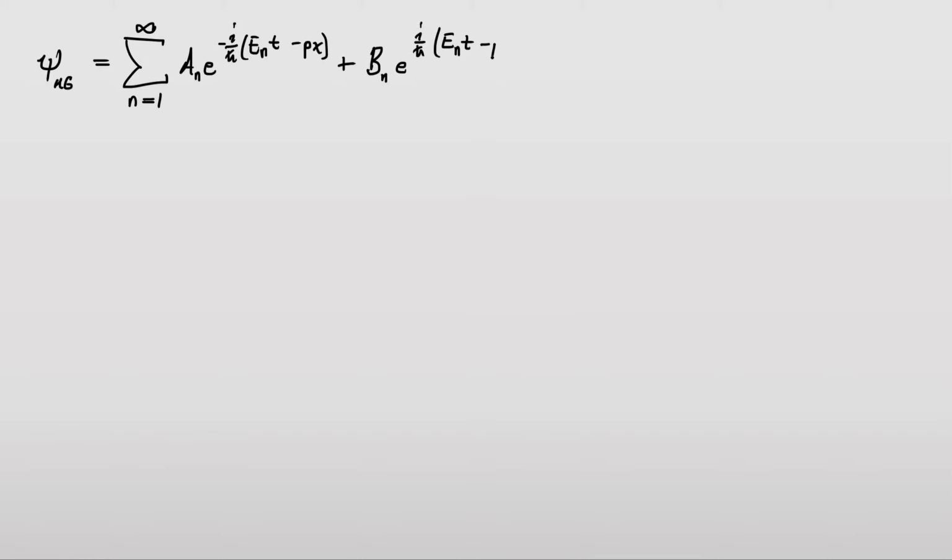So our KG solution, our Klein Gordon solution, is equal to the sum over all frequencies, starting at the first frequency and going to infinity, of a sub n e to the negative i over h bar, energy at a particular frequency times t minus px, and then plus b sub n e to the i over h bar, E sub n t minus px.